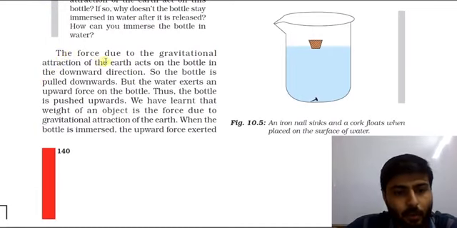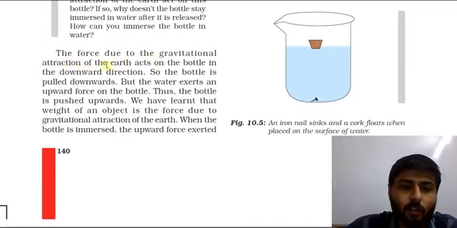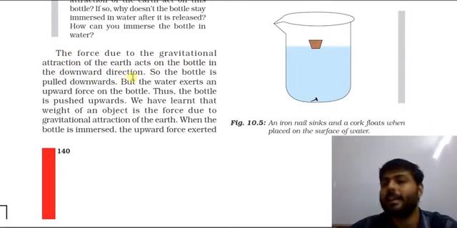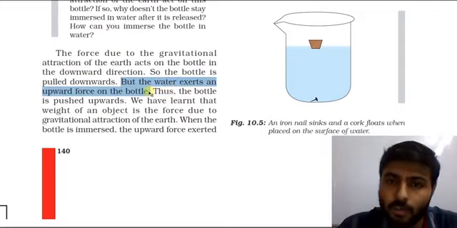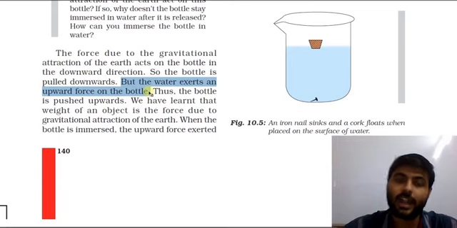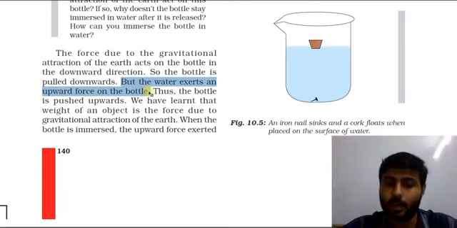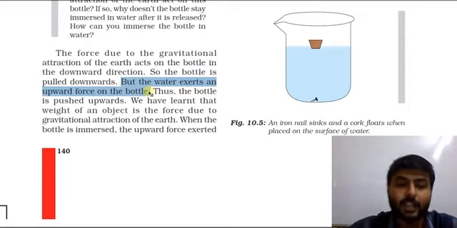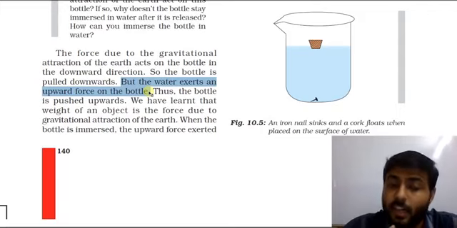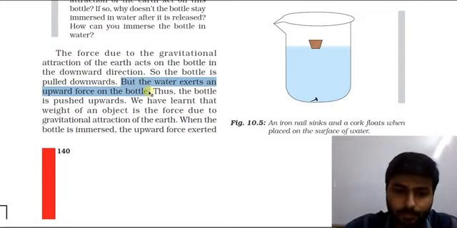So the force due to the gravitational attraction of Earth acts on the bottle in the downward direction. As we mentioned, there is gravitational force also. So the bottle is pulled downwards, but the water exerts an upward force on the bottle. Thus the bottle is pushed upward. We have learned that the weight of an object is the force due to gravitational attraction of Earth.